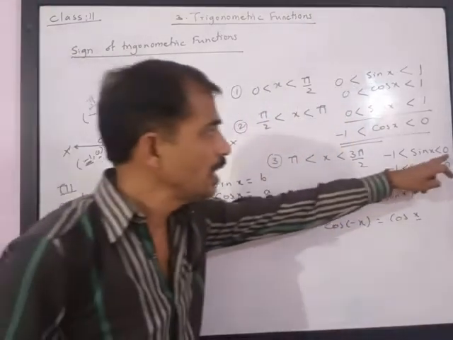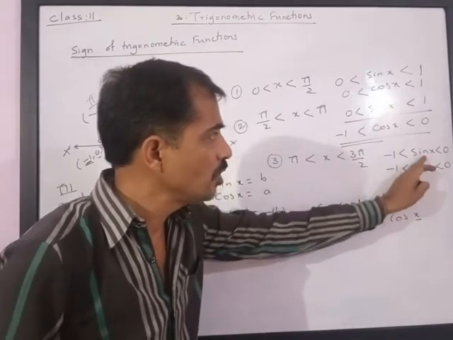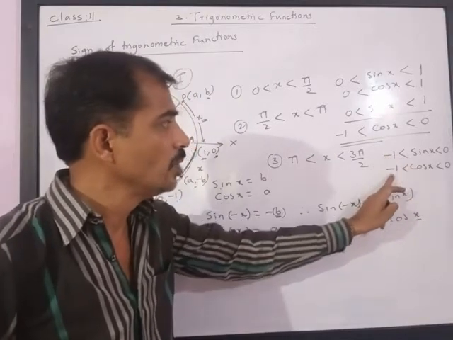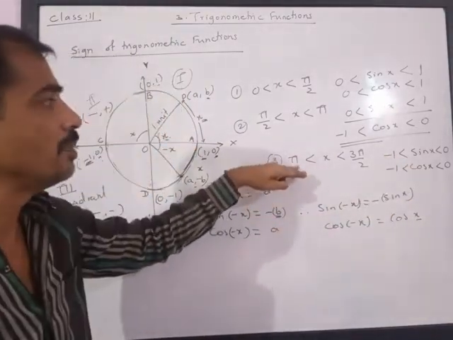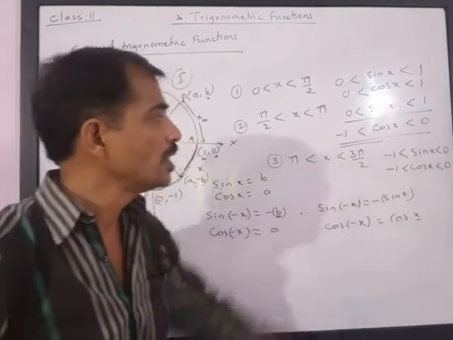Please note, less than 0 means negative: sin x is less than 0 means negative, cos x is less than 0 means negative, but it is greater than negative 1. So when the angle lies between pi and 3 pi by 2, we have both values negative.